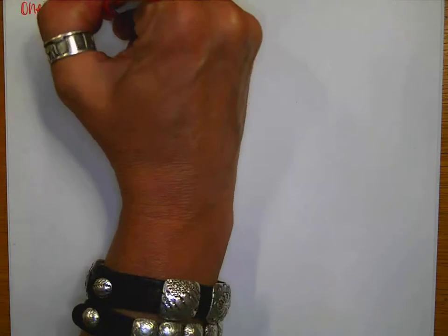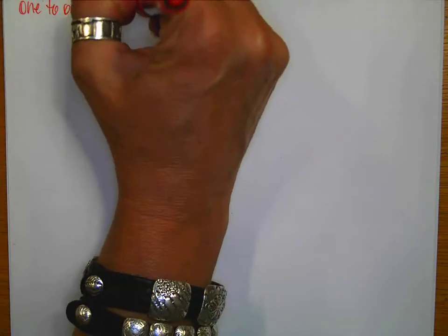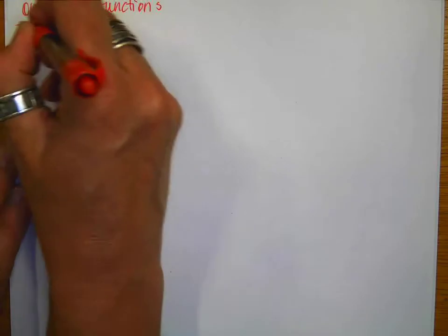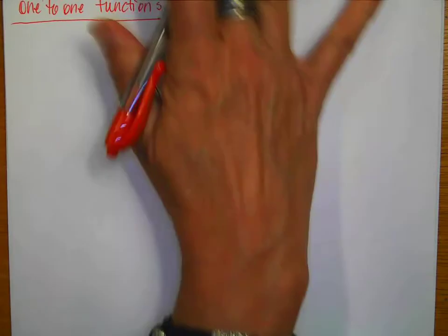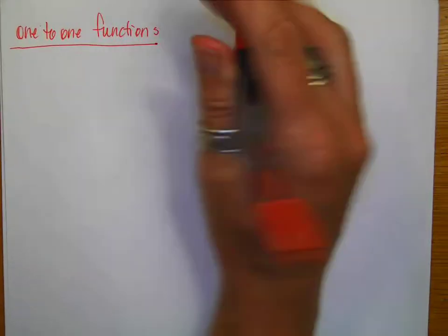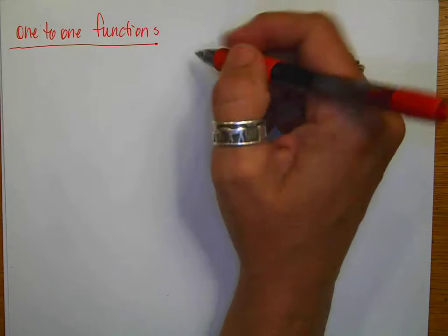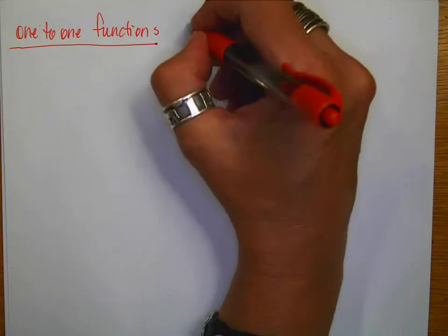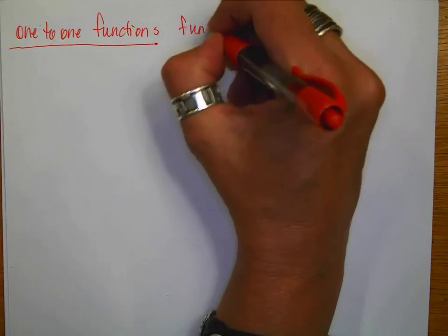All right, the last topic I believe that we need to talk about are one-to-one functions. We will use the one-to-one property later in other applications, which is a little bit frustrating, but one-to-one in the application that we're going to talk about now.